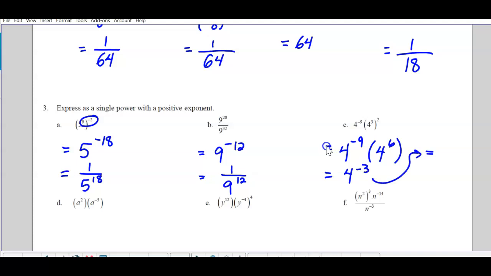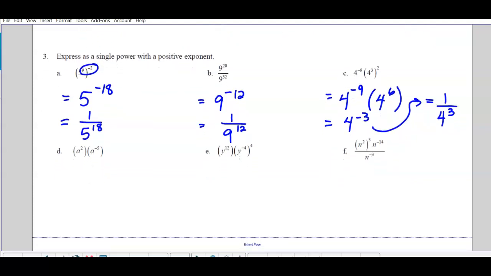You can tell me what the answer to that one is with a positive exponent. Yep, Ben? Good stuff. Okay. So it just goes into the denominator.